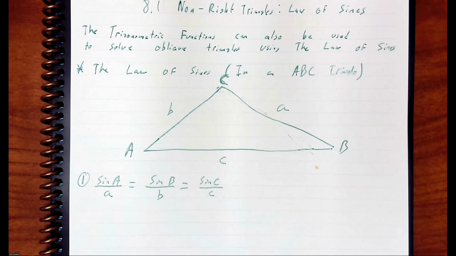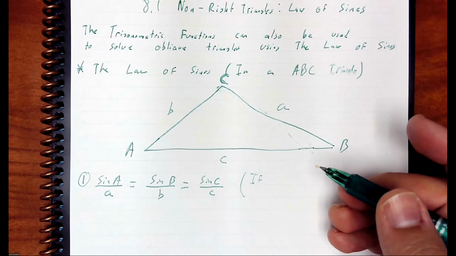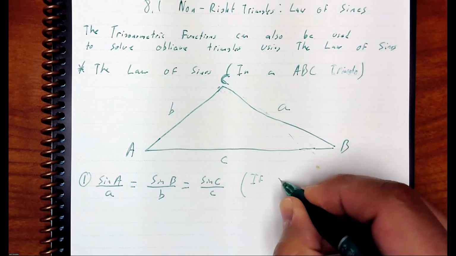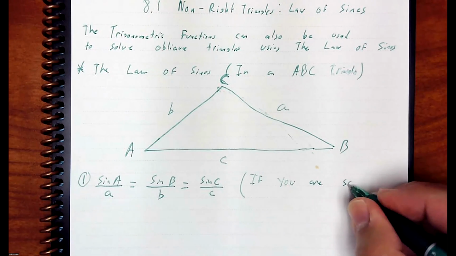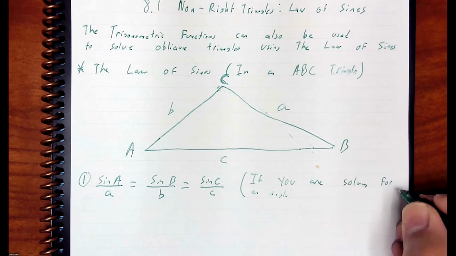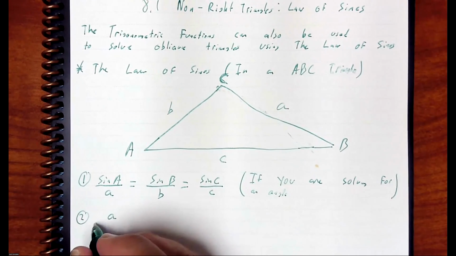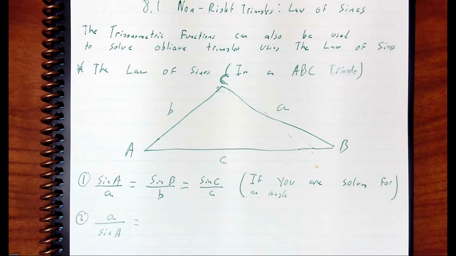So I recommend using this one, number 1. And you can use this for anything. That is case 1 and case 2, which I'll write down in a second. But my advice is use this if you are solving for an angle. It will save you like 1 step. And then use this one if you're solving for a side. It's the same thing, it's just if I take the reciprocal of every single one, they're still equal. Okay, just flip them over.